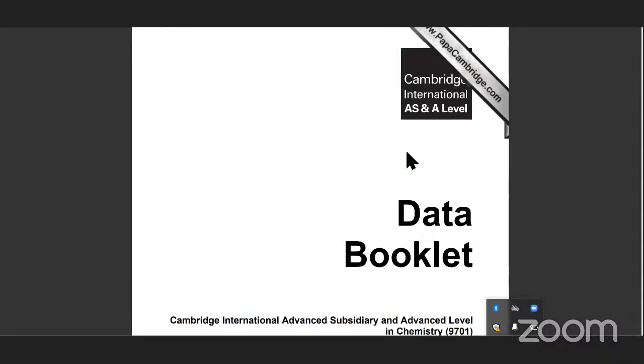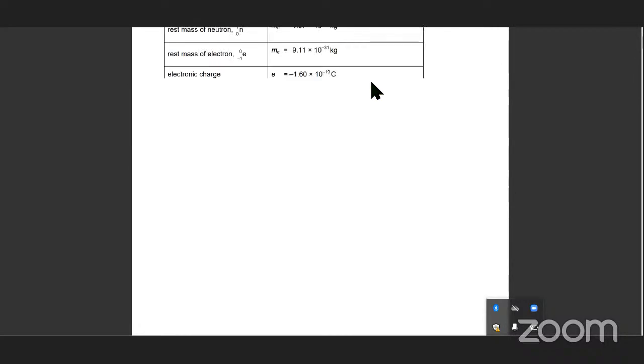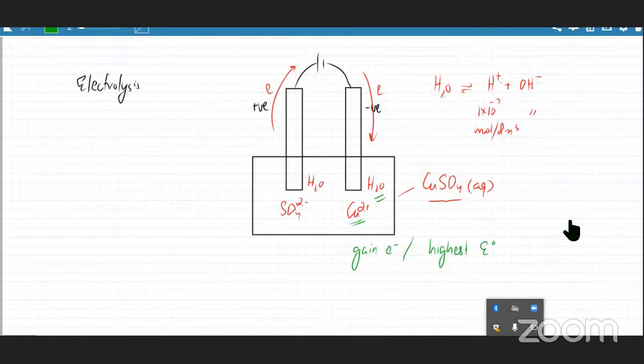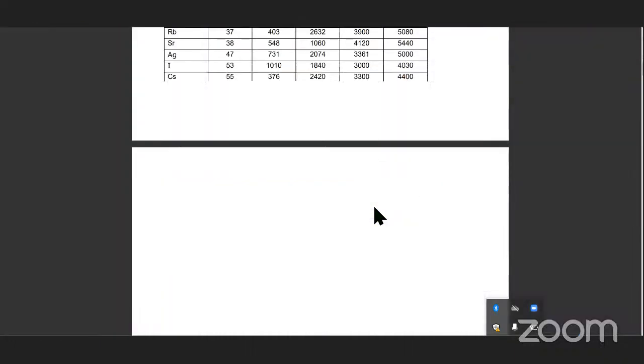अच्छा, so if you go back, we're looking for equations where we want the substances to gain electrons, right? And remember, okay, in the data booklet, जो electrochemistry का table है, substances gain electrons in the forward direction. Okay, so we're not looking at the reversible reaction, we're actually just looking at the forward reaction. We're looking at them gaining electrons. So copper 2 plus and water. So I want copper 2 plus and H2O to be on the left side.